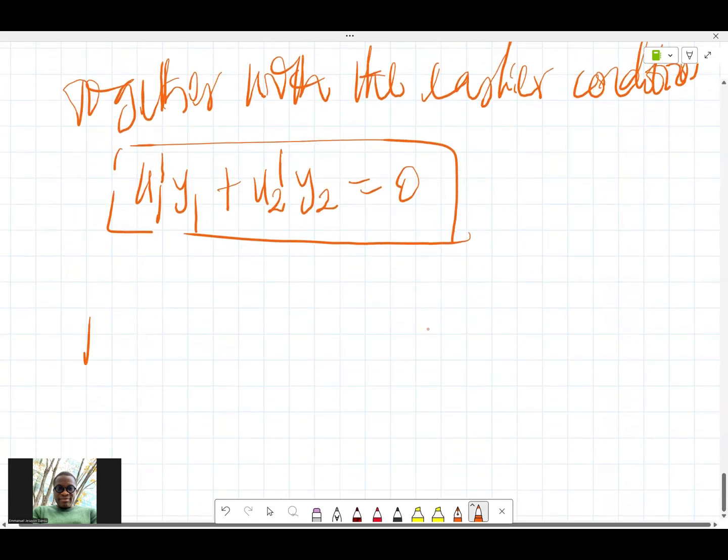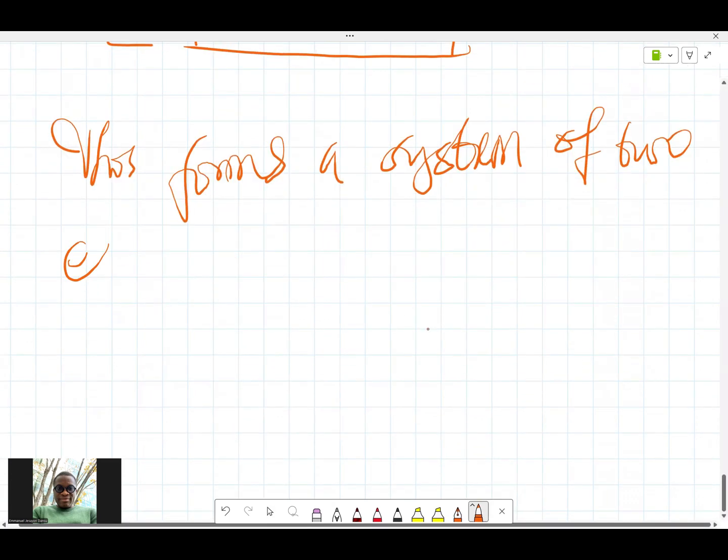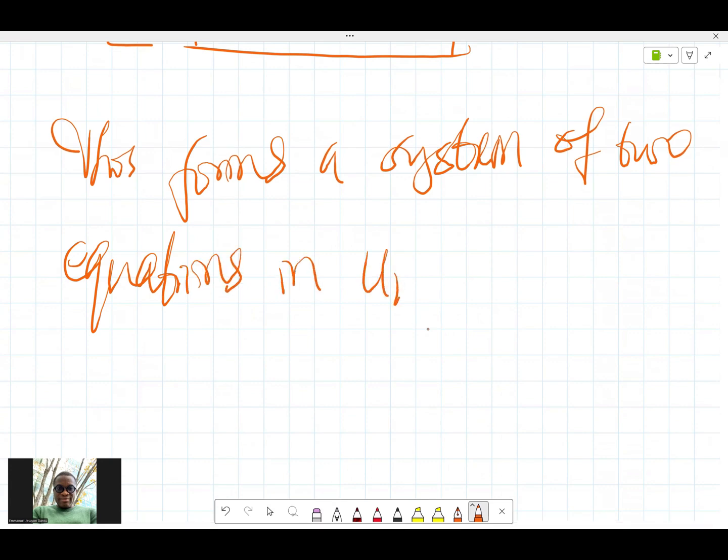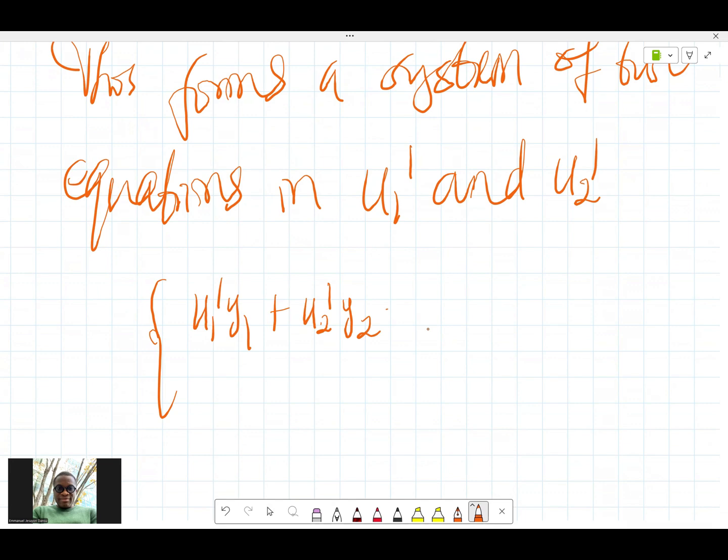You see that this forms a system of two equations in u1 prime and u2 prime, which is u1 prime y1 plus u2 prime y2 equal to 0, and then u1 prime y1 prime plus u2 prime y2 prime equal to g of x.